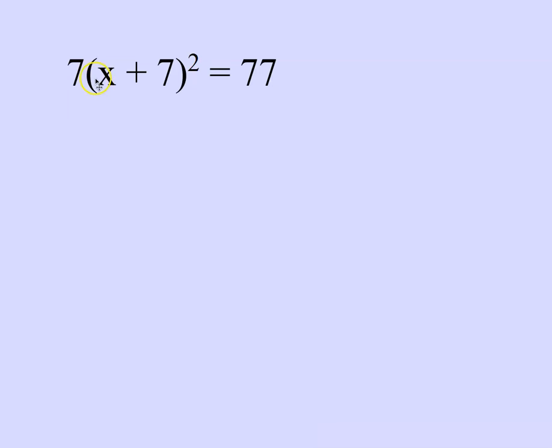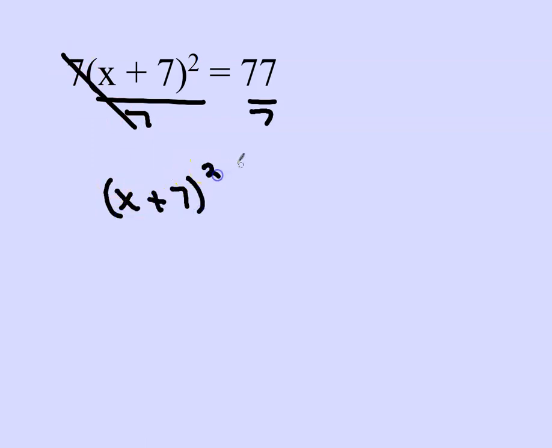Okay. So now, if I look at what happened to x, you added 7, because it was in the parentheses, then you squared, because you do exponents next, then you multiplied. So we'll start by dividing by 7 off of both sides here. Okay. That cancels the 7s. You get x plus 7 squared equals 11. Okay.